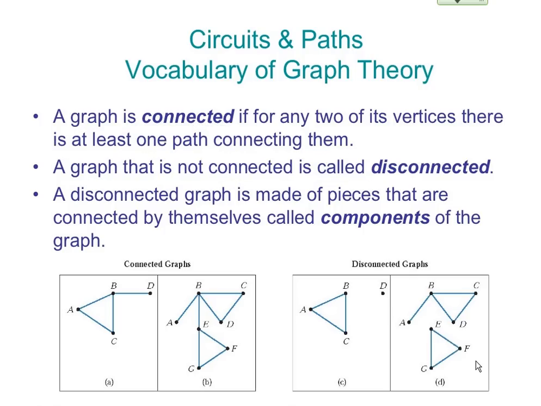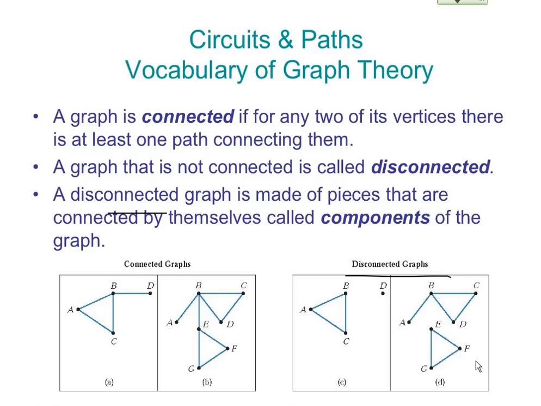Notice I have this vertex D, which does not share an edge with any other vertex. And in this graph right here, we have edges going in, but there's no edge connecting this part of the graph with this part of the graph. So we would say these are disconnected graphs.